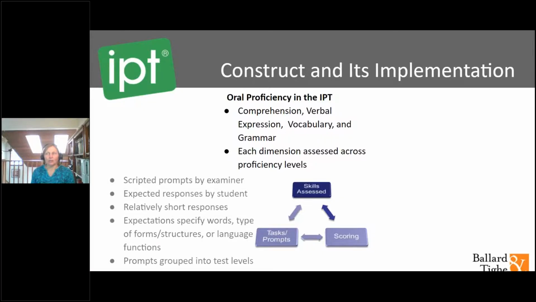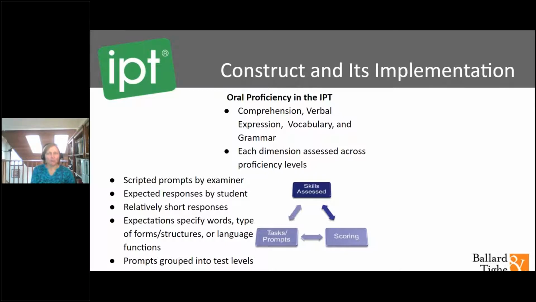In terms of tasks and prompts, the way we have realized this construct is that we have scripted prompts by the examiner. We have expected responses that we define, and those responses are relatively short, and the expectations define words or types of forms or structures or language functions that the learners need to use in replying successfully.